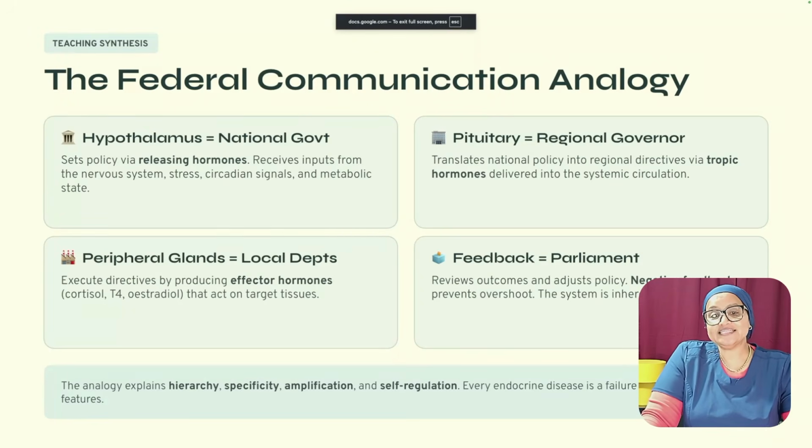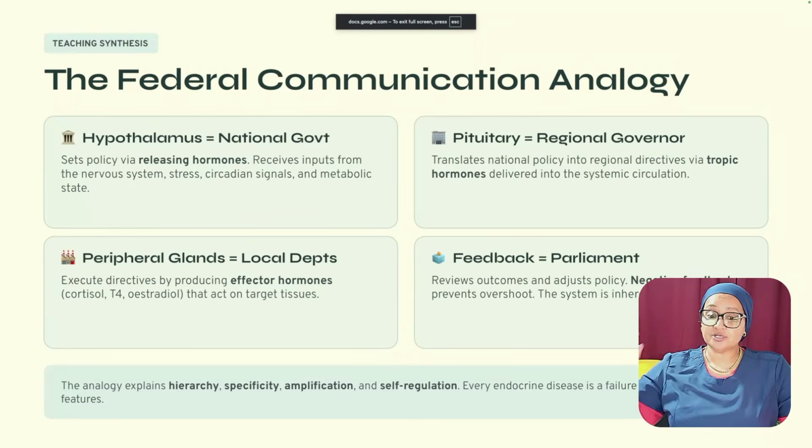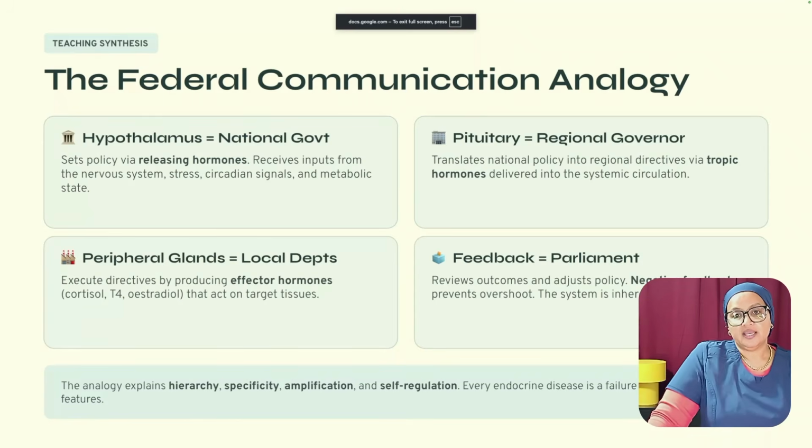The hypothalamus is the national government, Washington, D.C. And it sets policy by releasing hormones in response to inputs from the nervous system, from circadian clocks, from metabolic sensors, and from emotional and physical state of the organism. So all these inputs come to the hypothalamus. Hypothalamus sets policy and releases its stimulatory hormones. It translates the state of the body into hormonal instructions.